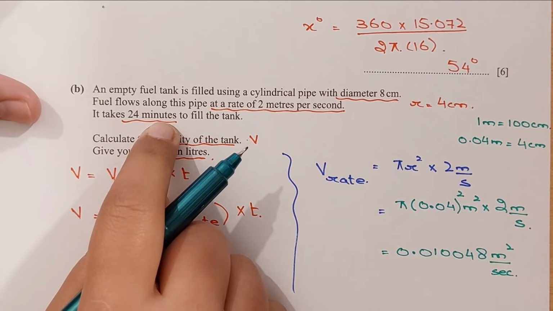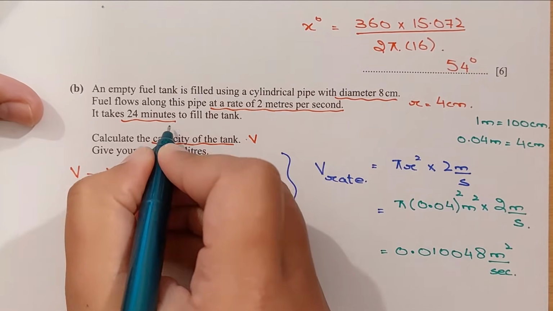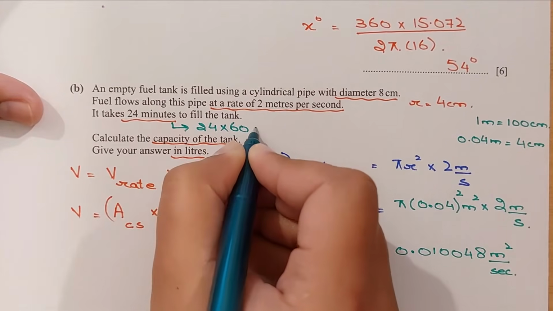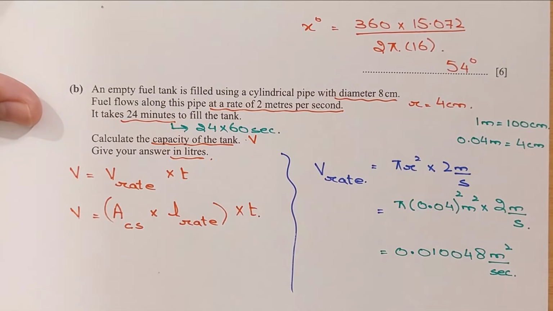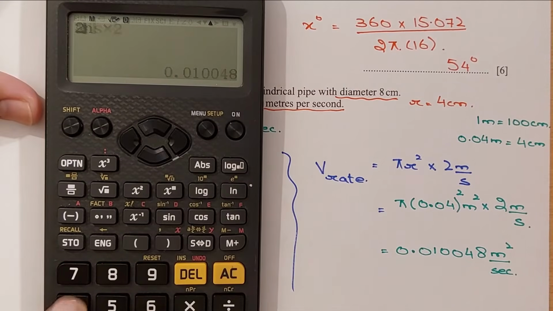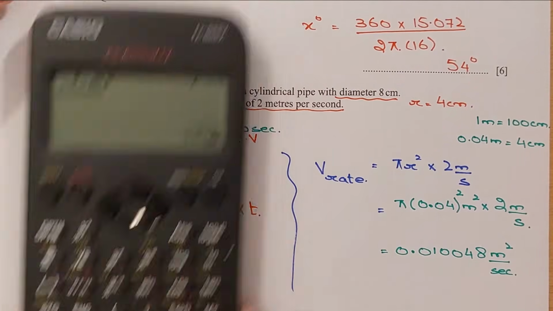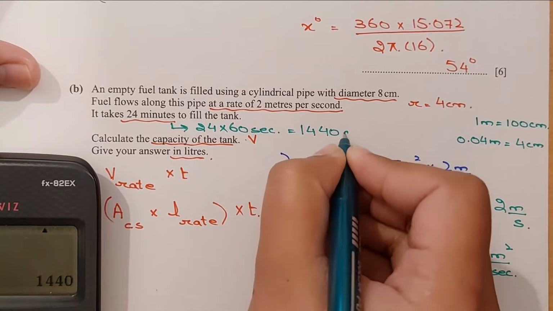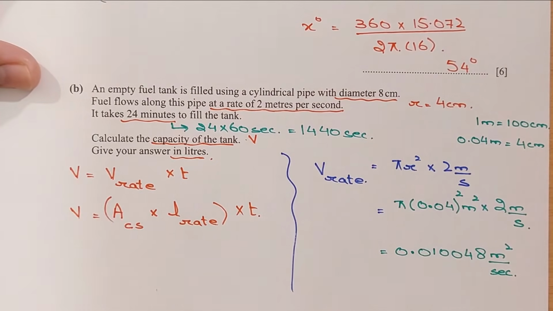How can we convert minutes into seconds? So 24 minutes into seconds is 24 times 60 seconds, right? So this is 1440 seconds. Now let me do the product here.